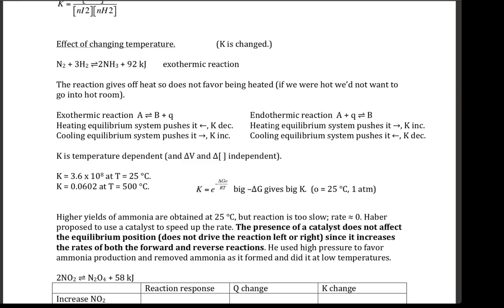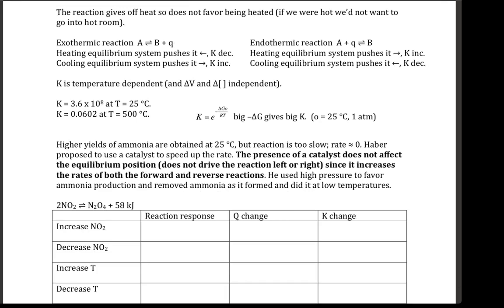So just a big reminder, K is temperature dependent. So when we change volume, when we change concentrations, we have not changed the numerical value of K, only when we change the temperature. For our ammonia reaction, K is 3.6 times 10 to the 8th at a temperature of 25 degrees Celsius.